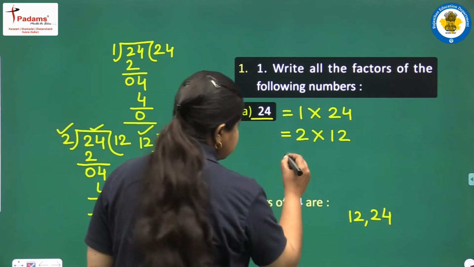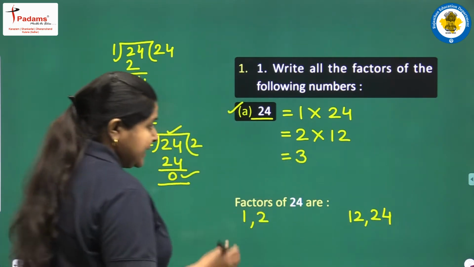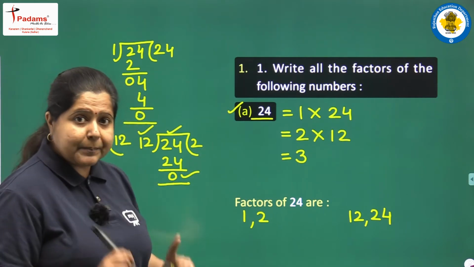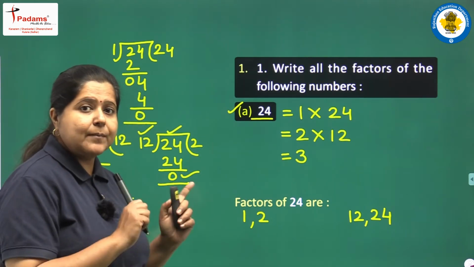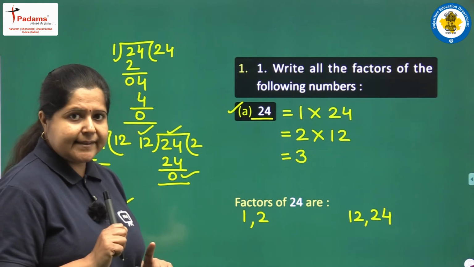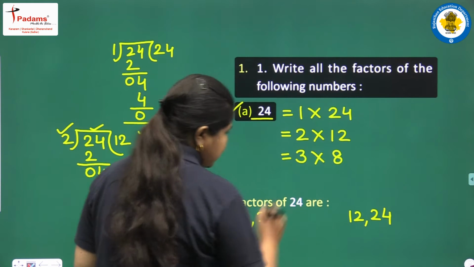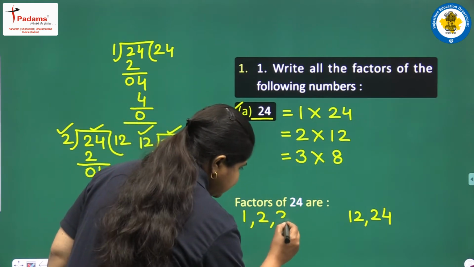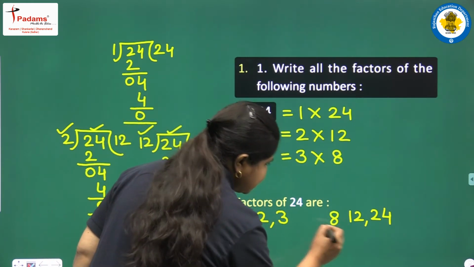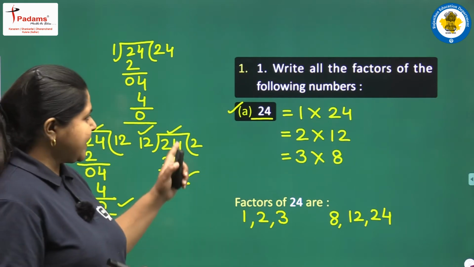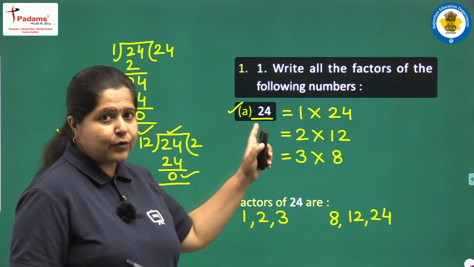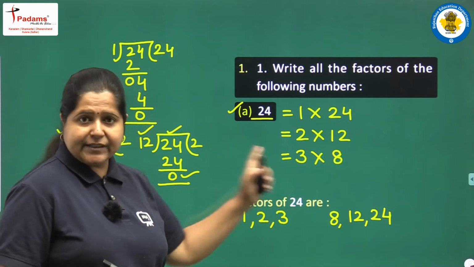Then we move on to the number 3. 3 will divide 24 completely if 24 comes in the table of 3. Is it there? Yes, we know 3 8s are 24. So we have the other two factors, 3 and 8. You can easily check by dividing 24 by 3 and by 8 also.